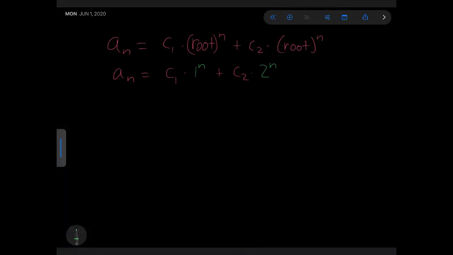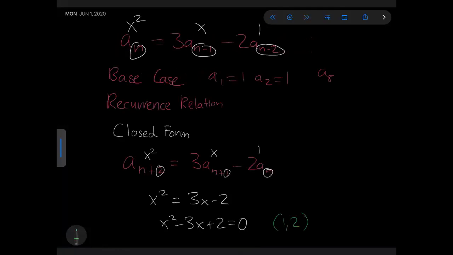Now, how do you find c1 and c2? Well, we know our base case: a1 equals 1, a2 equals 1.